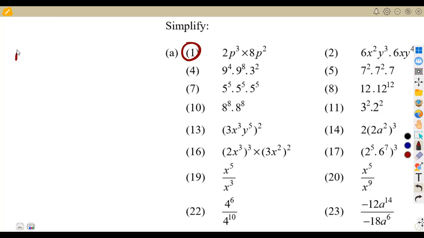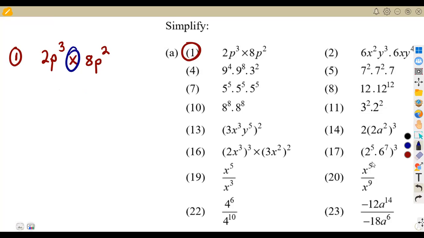On number 1, we are given to simplify 2p to the exponent of 3 being multiplied to 8p to the exponent of 2. All right, if we go back to our laws that we talked about from the introduction, we talked about a condition whereby these bases are the same and you are multiplying.